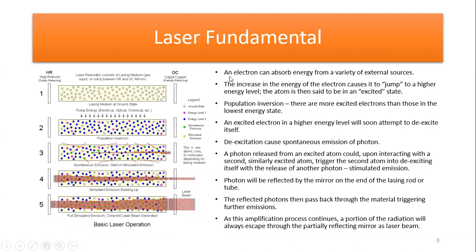The explanation is that an electron can absorb energy from a variety of external sources. Inside this tube you have lasing material, as mentioned, gas, liquid, solid, and so on. Let's say, for example, this is a CO2 laser, so in here you have CO2 atoms. If you look at an atom, around the atom you have an orbit.